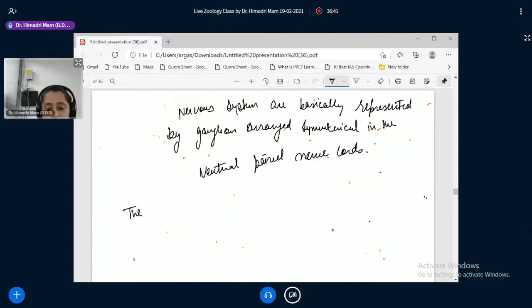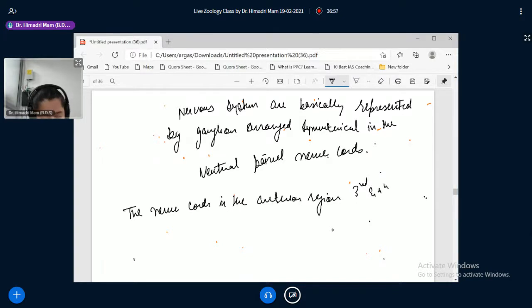The nerve cords in the anterior region, that is the third and the fourth segments.